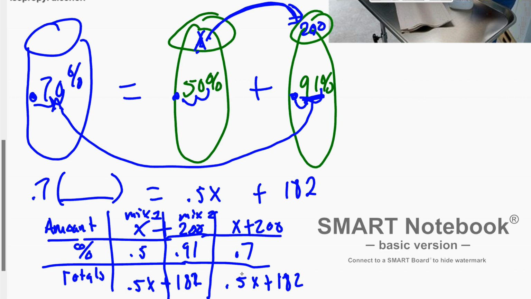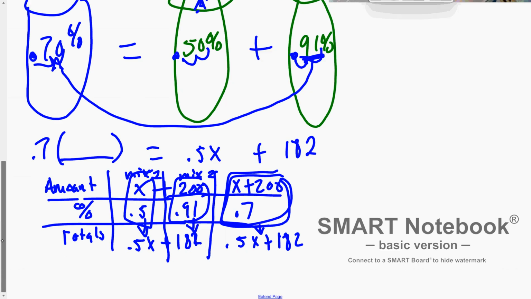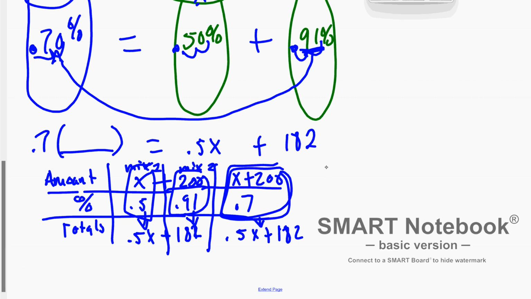Just like I multiplied these two to get this 182, and I multiplied these two to get this 0.5x, I need to multiply these two to get to this 0.5x plus 182. So I multiply 0.7x plus 0.7 times 200, 70% of 200, which is 140, and that should equal 0.5x plus 182.